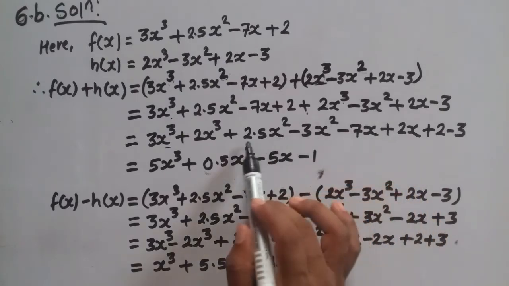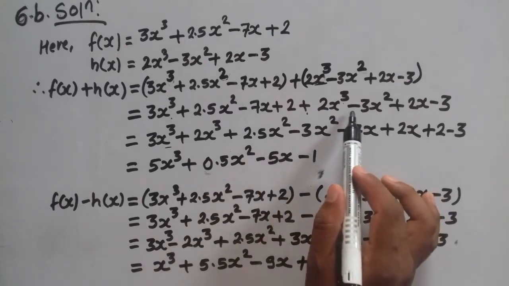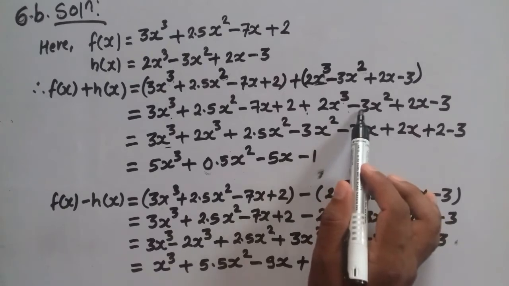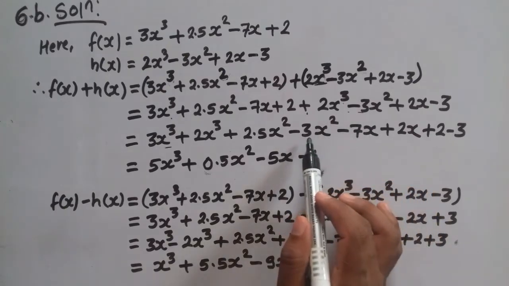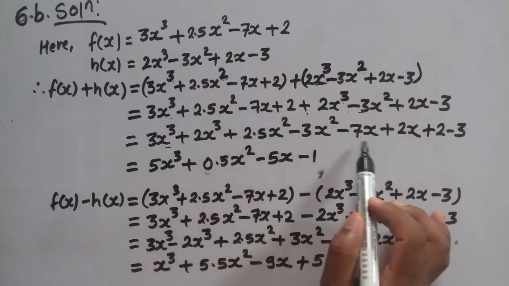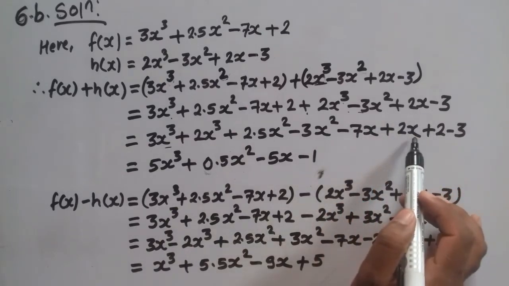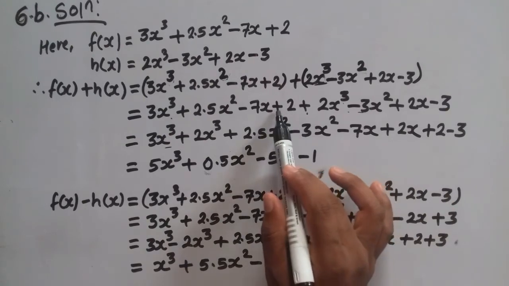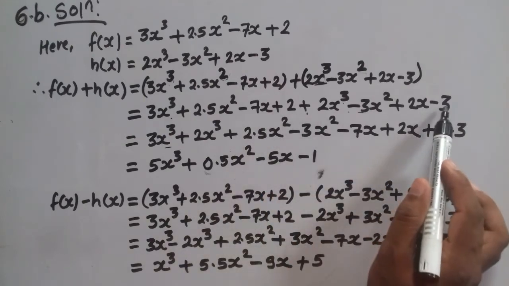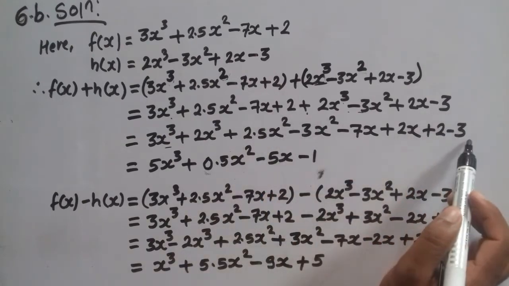When writing together we have to take this sign also together. And here minus 7x, then this 2x has plus sign, so plus 2x, then this 2 has plus sign, so plus 2, and this 3 has minus sign, so minus 3.